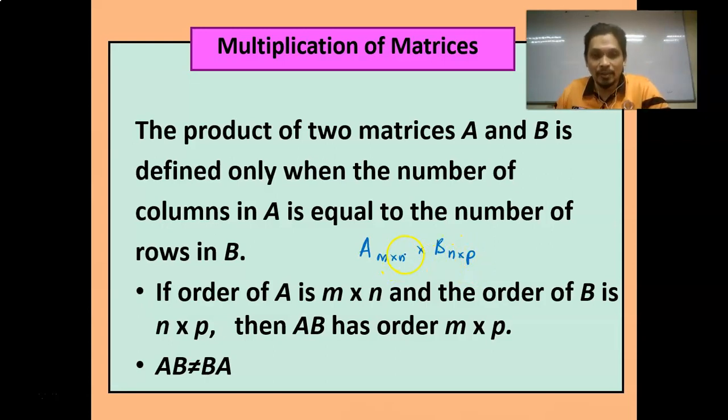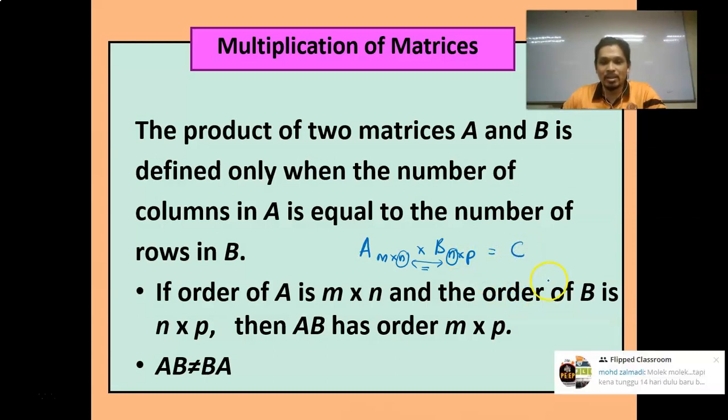Look at this one here: they are equal. Then it will give us the new matrix C, with the size m times p.